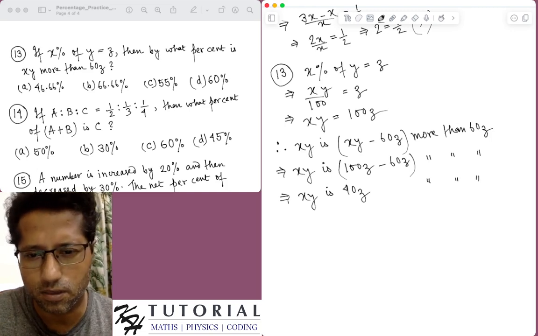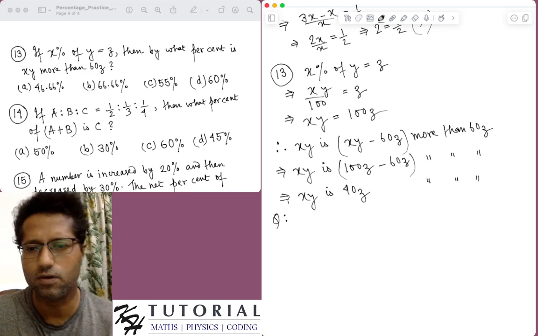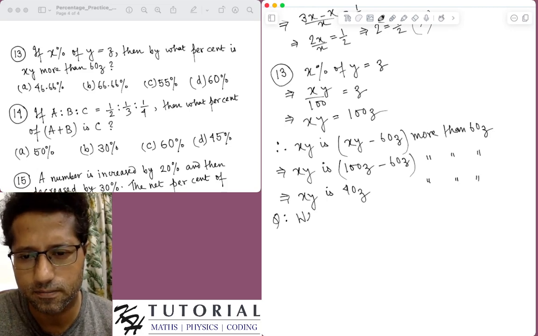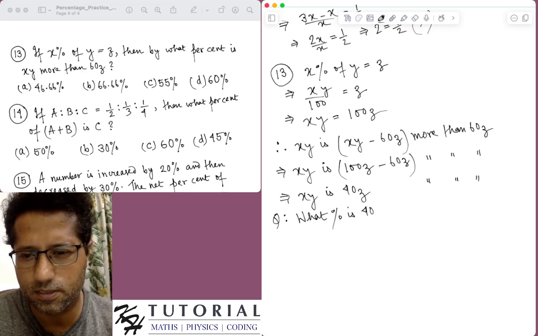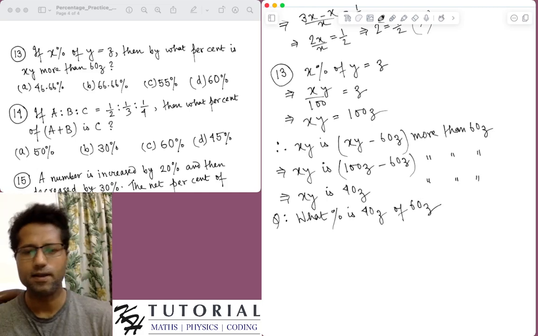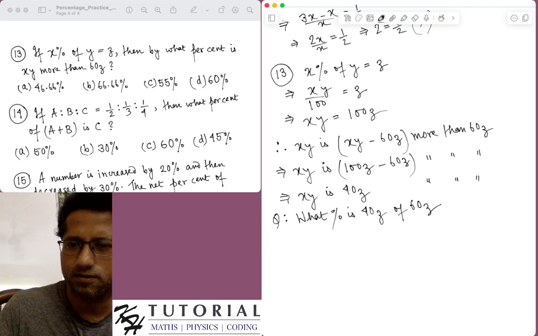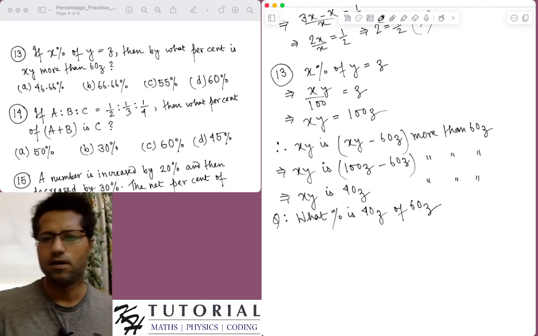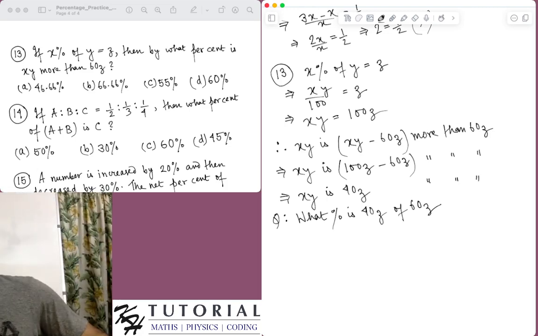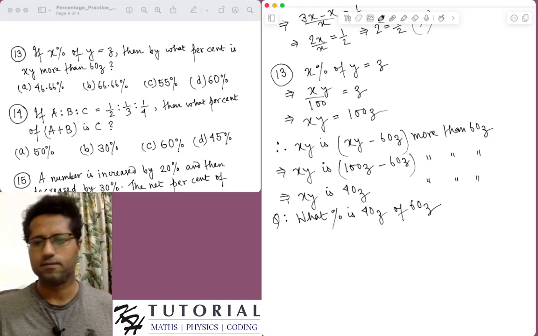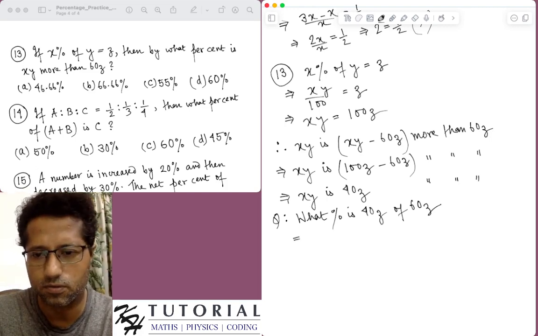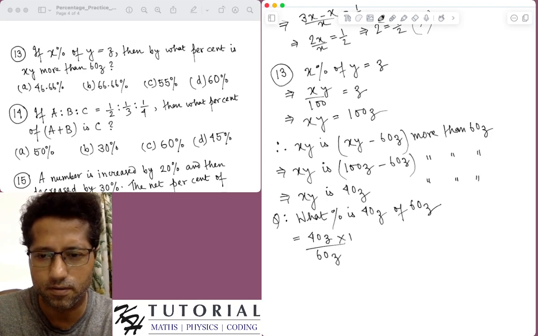So now the question we have to ask is, what percent is 40z of 60z, because we have found that xy is 40z more than 60z. So this is equal to 40z divided by 60z multiplied by 100.